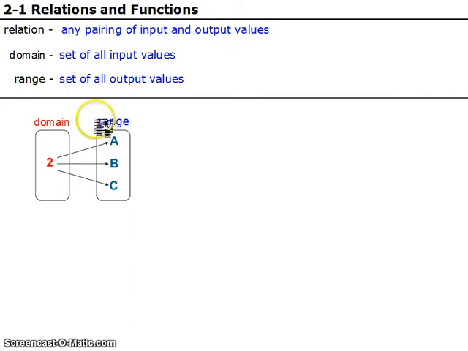So we have a little mapping here. That's what this is called. It's a mapping of a domain to some range values. A bunch of different ways you can express this. Mapping is one way. You can use a table. Usually in a table, we refer to the inputs as x and the outputs as f of x or y.